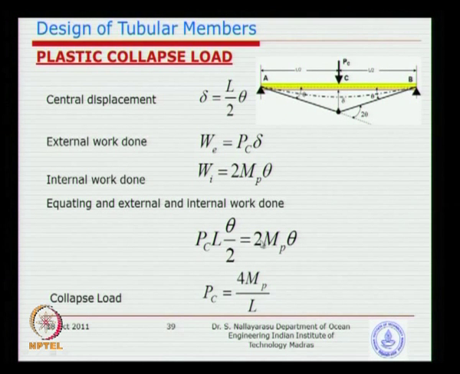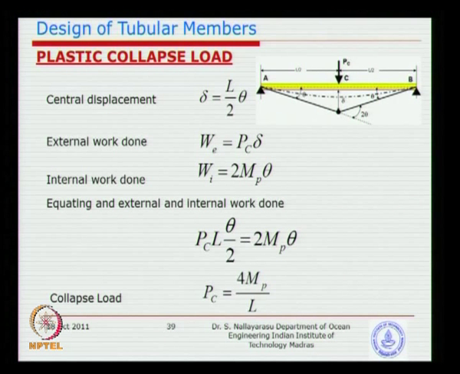Two rotations happen, one at each end, and these sum together at the center as 2 theta. So when I multiply 2 theta times Mp, I get the amount of work done on the beam because of the applied load at the top. Now when I equate the internal work done to the external work done for the equilibrium condition, I get the same Pc of 4 Mp by L. All of you understand this simple idea.